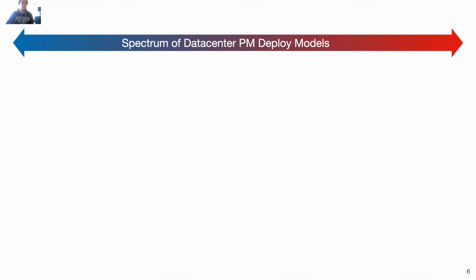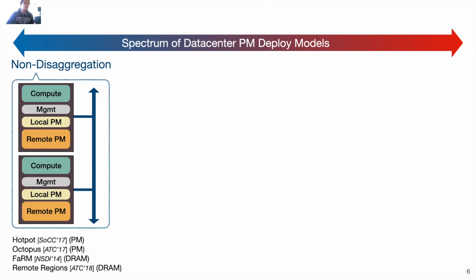To answer this question, let's first review the spectrum of today's PM deployment models. On the far left side is a non-disaggregation mode, or a traditional distributed PM mode. Regular servers are connected by the data center network. Each server runs application computation and hosts some PM. Some of the PM is used locally, some is used by remote servers.